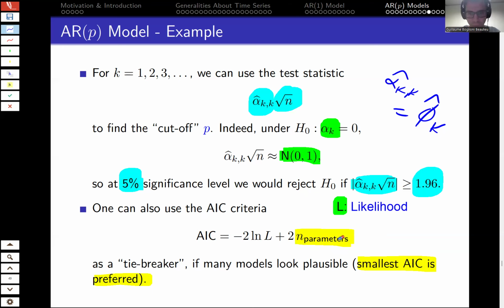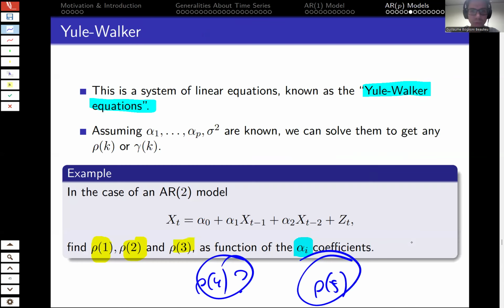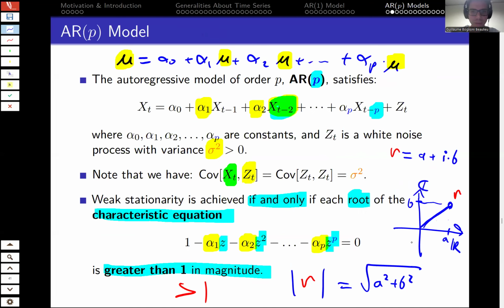Now, I think it's clear, but let's just make sure it is. Parameters here refers to the parameters in the model. An AR2 would have 3 parameters. Yes, because you, 4 parameters, sorry. AR2 would have 4 parameters because you have alpha 0, alpha 1, alpha 2, and don't forget sigma squared.